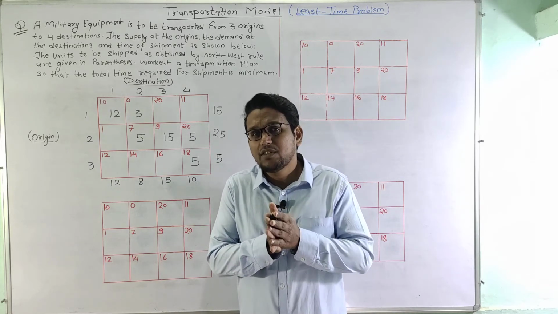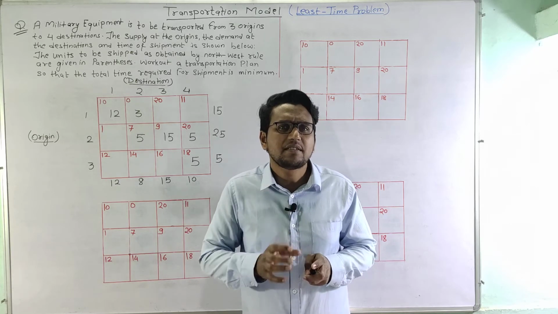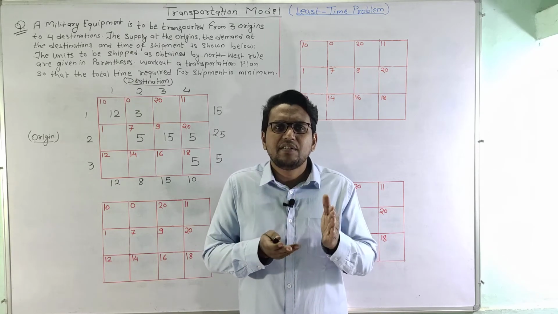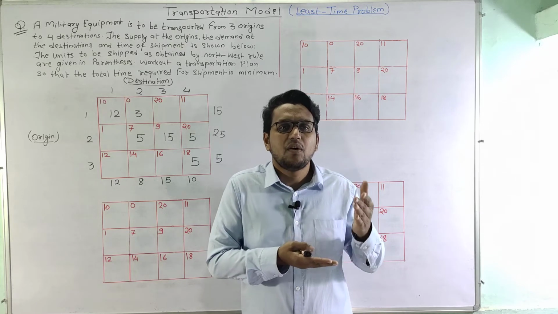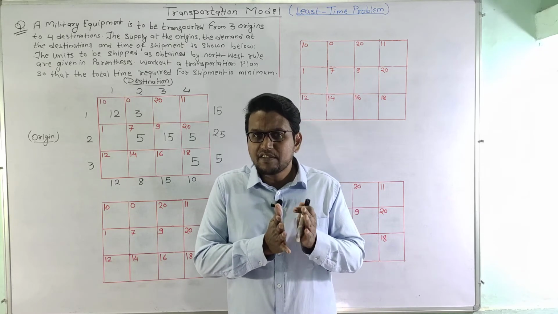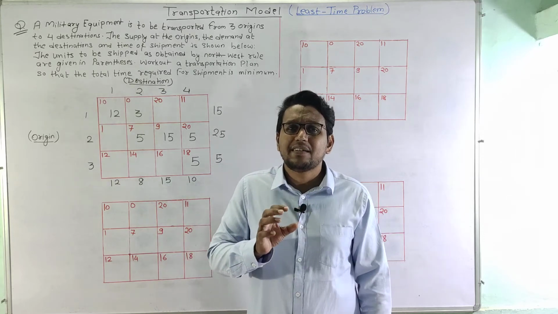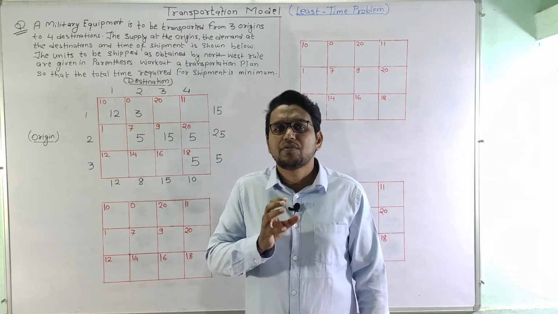Before starting, we need to understand that this problem is different from what we have done till now. How is it different? Here the time of shipment is independent of the number of units shipped.